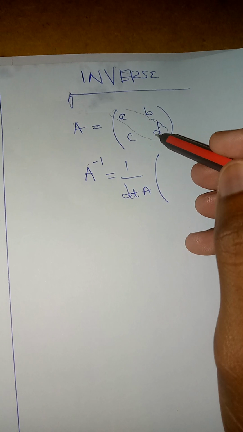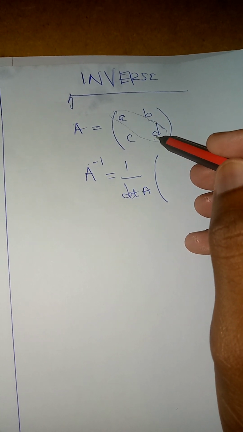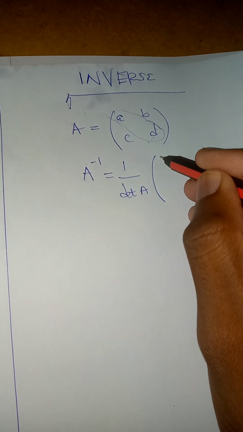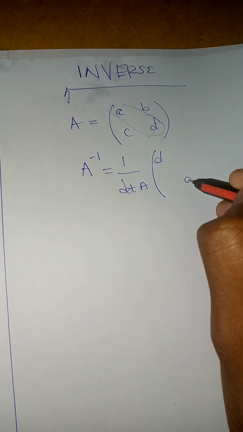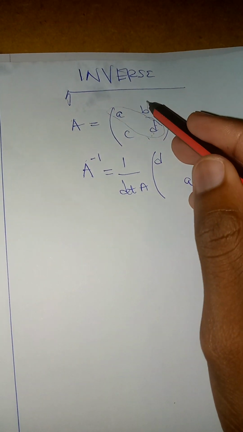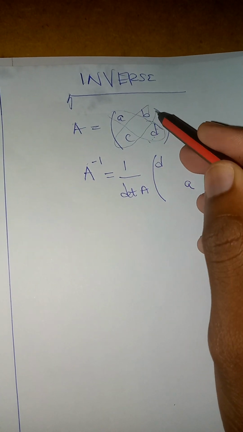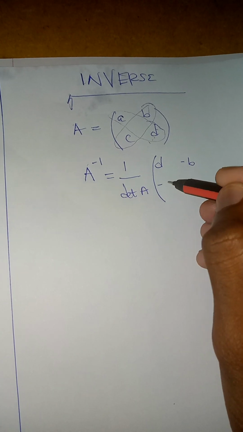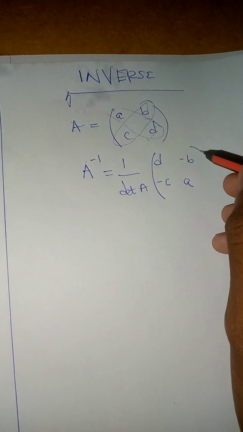A takes the position of D, and D takes the position of A, so they swap. So you have D, A. Then the minor diagonal we multiply by negative what? 1, so it's going to be negative B, negative C, always.